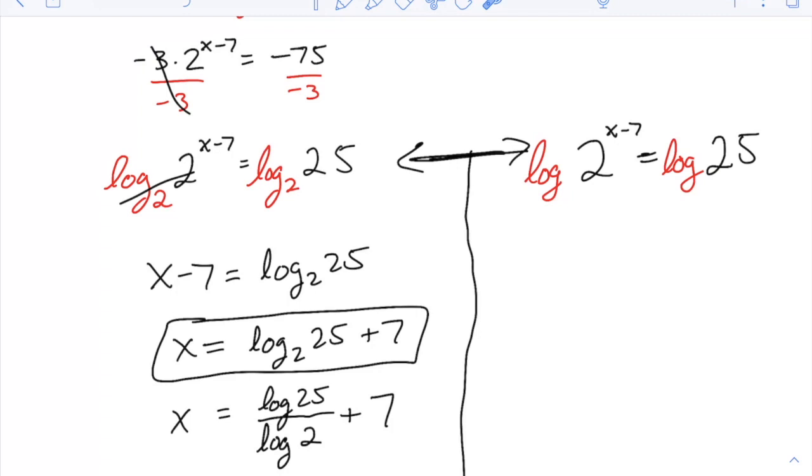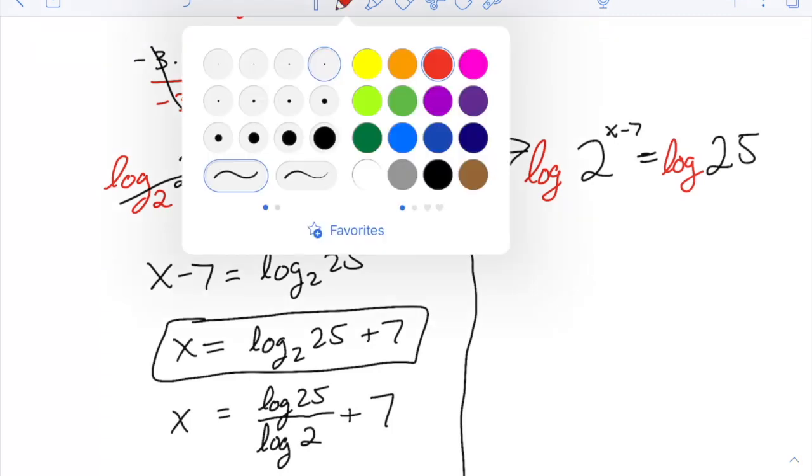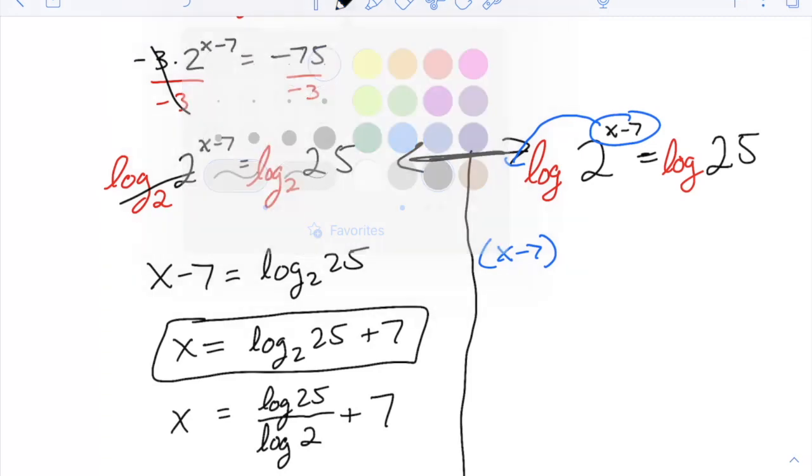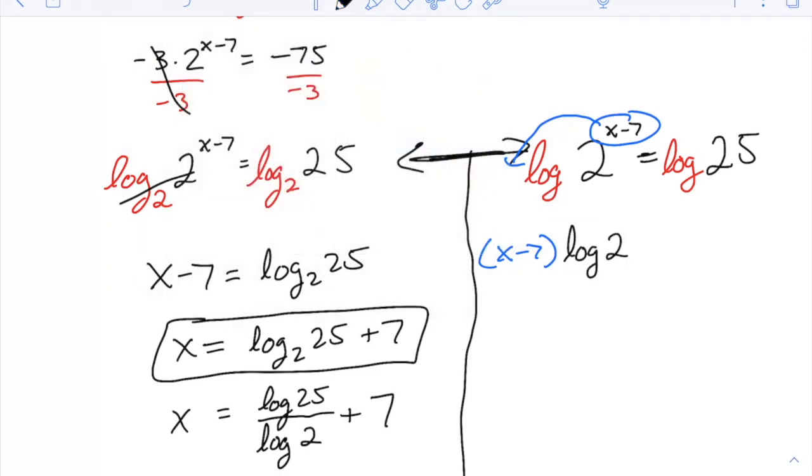But what it did allow you to do was to use the power property of x minus 7 and pull that to the front so that you would now have x minus 7 times that log of 2. And again, that's base 10 when it's an unwritten base. And then to solve for x, we would divide both sides by log of 2.